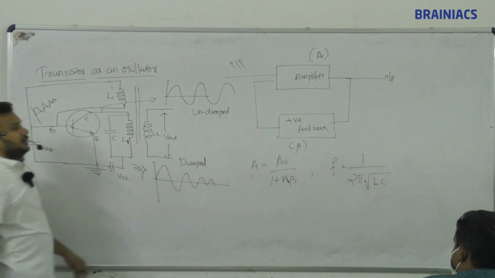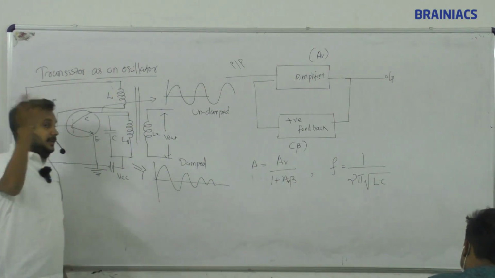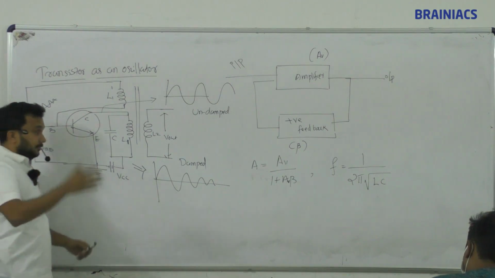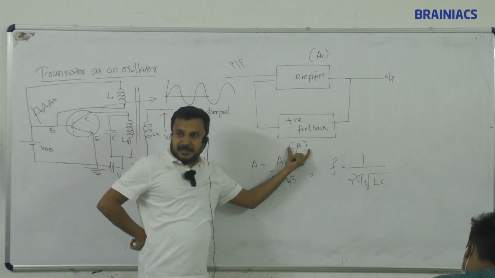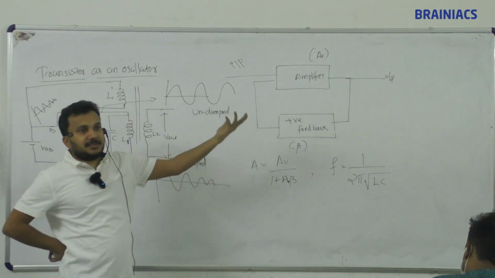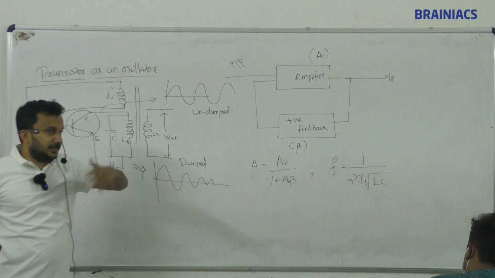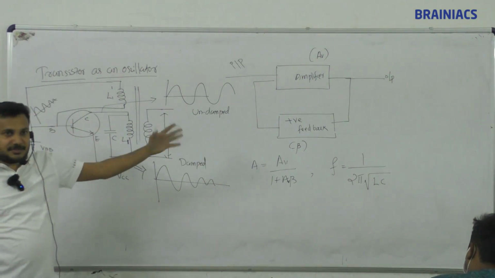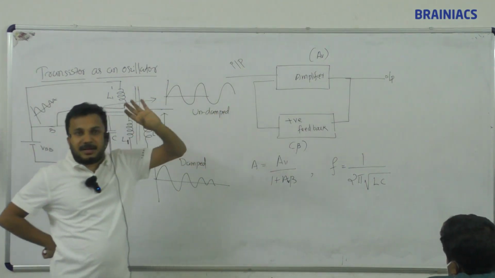Then one more point. There is something called a feedback factor. You don't need to learn very deep about it; it's not in the syllabus. The feedback factor is called beta. The gain of the transistor, whether it's a current gain, voltage gain or power gain, we have to see later. For example, the current gain of the transistor should have some value.